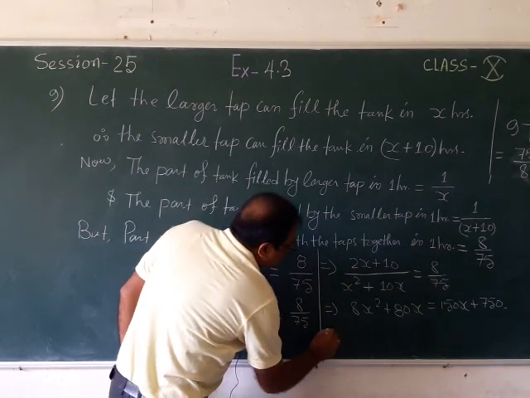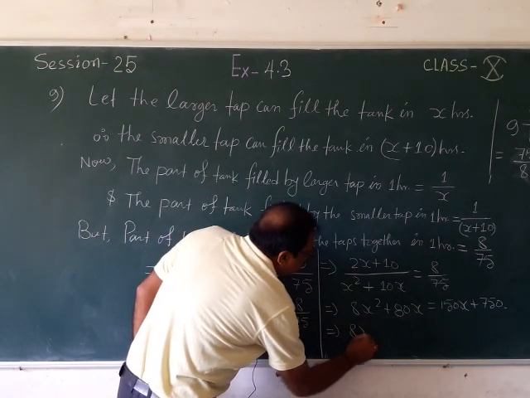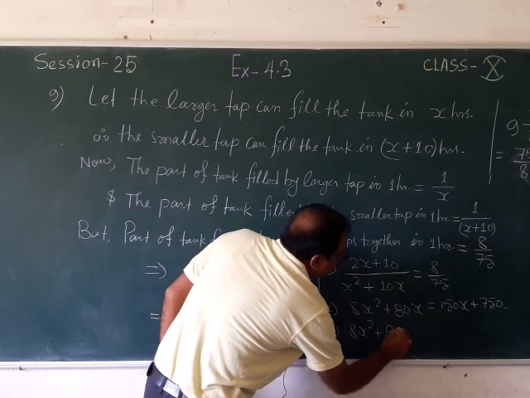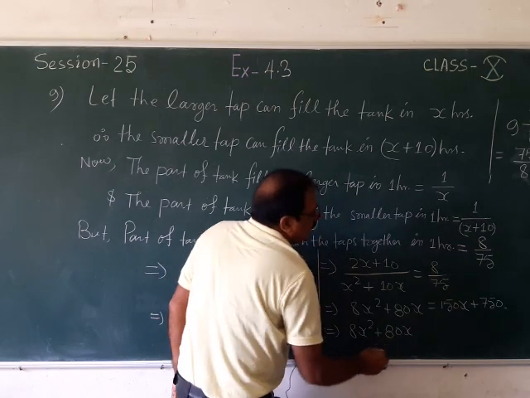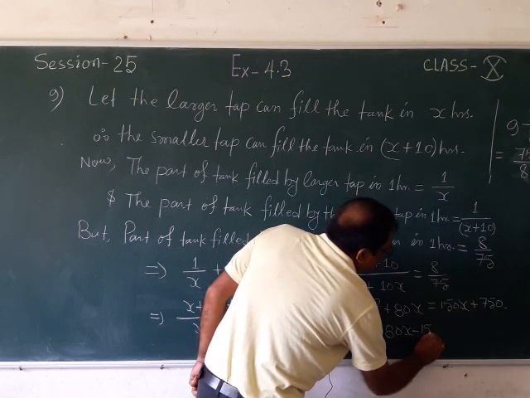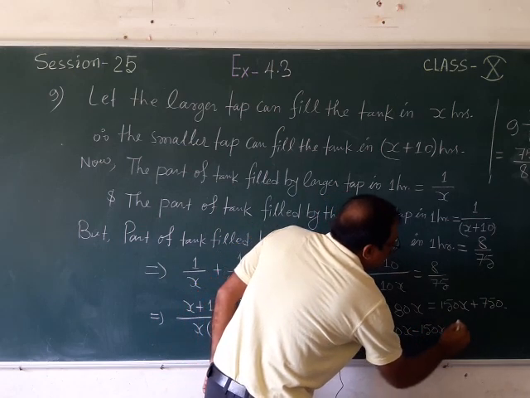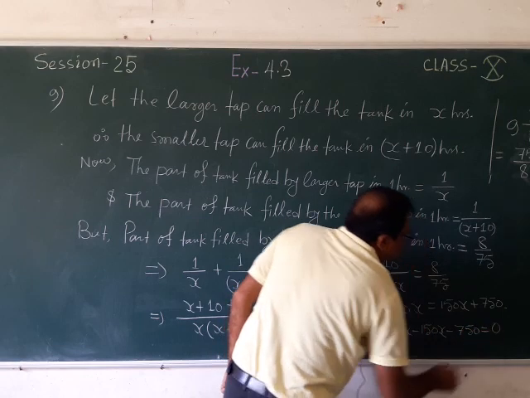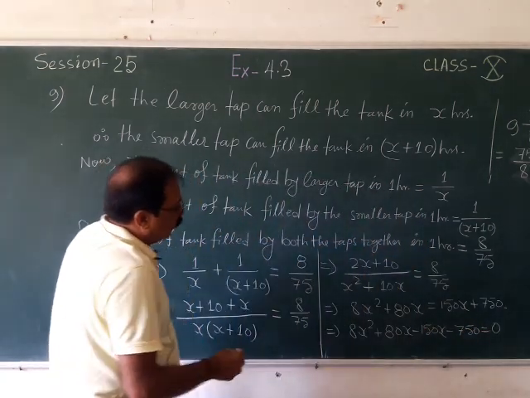Then further it can be adjusted: 8x square plus 80x minus 150x and minus 750. Then at the right side you can write 0.